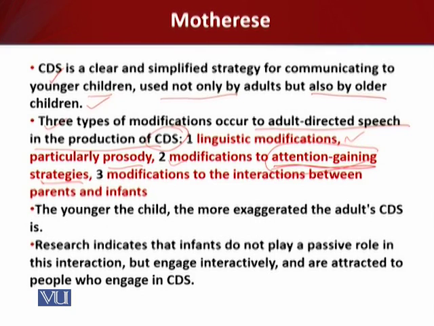Now, a key visual aspect of child-directed speech is the movement of lips. One characteristic is the wider opening of the mouth present in those using CDS versus adult-directed speech, particularly in vowels. The horizontal positioning of the lips in CDS does not differ significantly from that used in adult-directed speech.